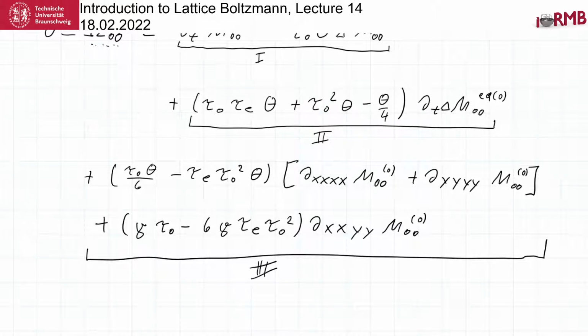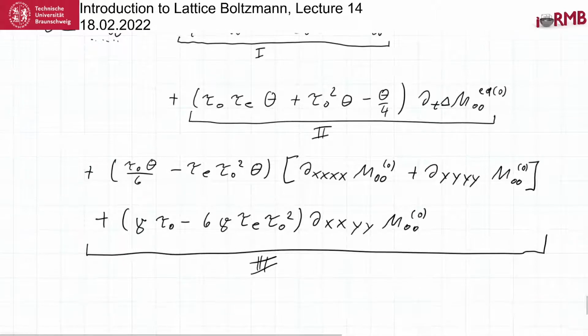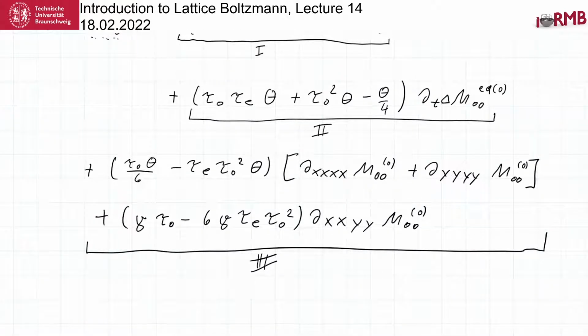Okay, so now we identify 3 different terms here, and I will discuss them briefly. So first of all, this what we have here, term 1, obviously is a diffusion equation.